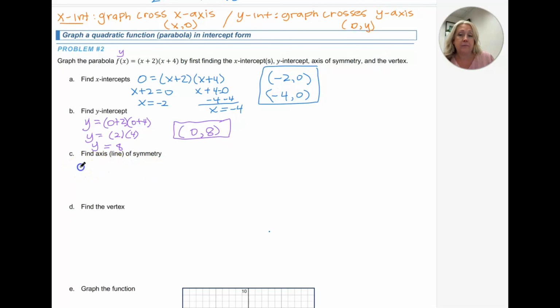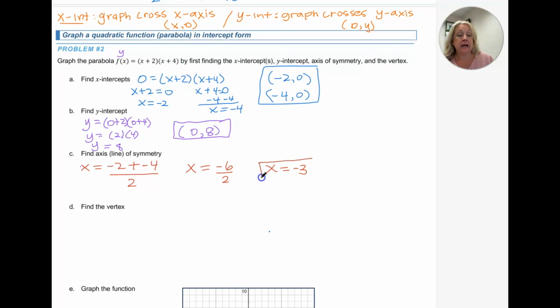So let's add our x's together that we found: negative 2 and negative 4. Then if I divide that by 2, that's finding the average between those, which gives us the point right in the middle of the 2 of them. This will simplify to x equals negative 6 over 2, or x equals negative 3.